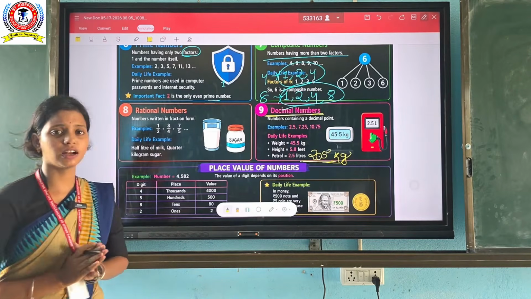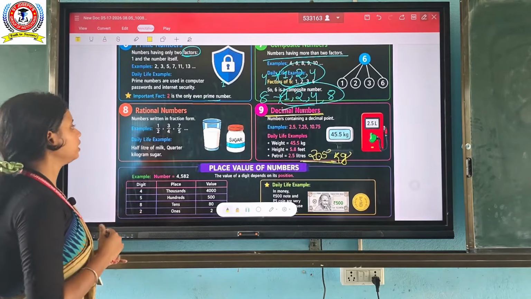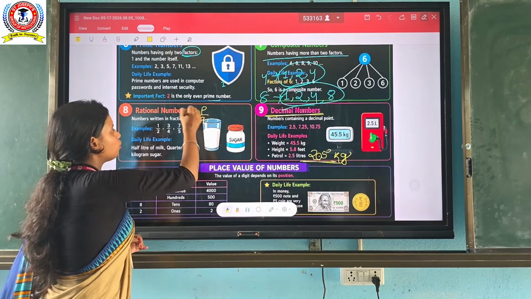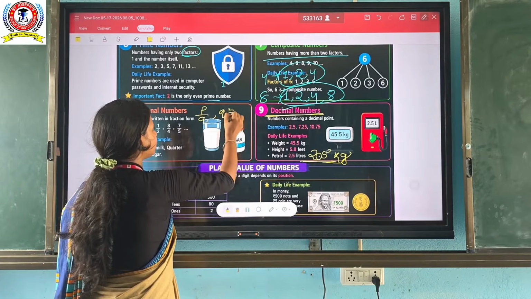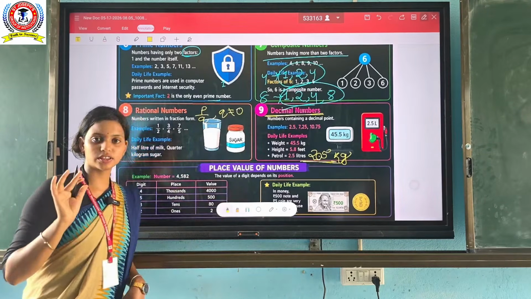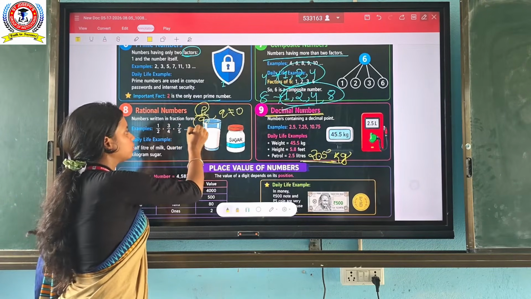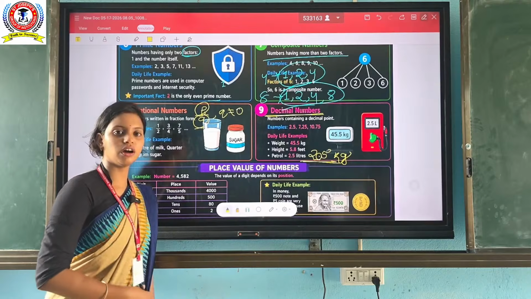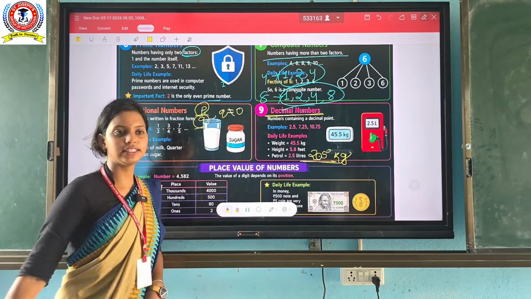The numbers which can be represented as P by Q, where Q is not equal to 0. In fractions we have read that P is the numerator here and Q is the denominator here. So Q should not be 0 here.